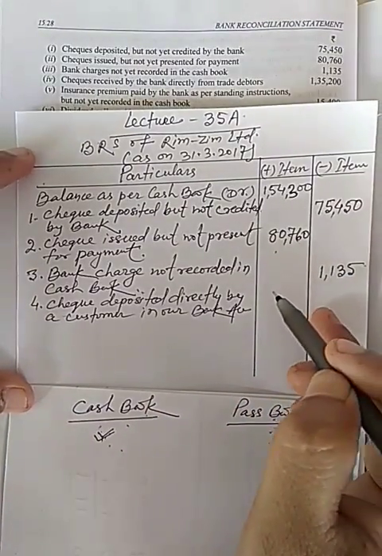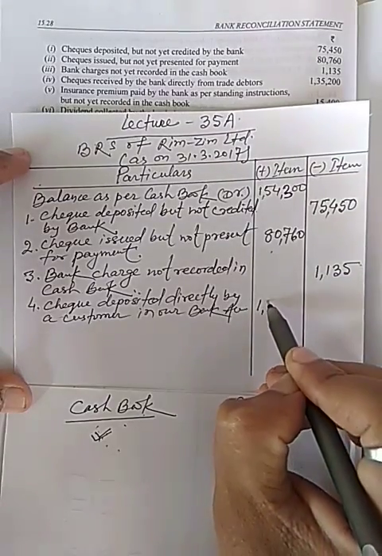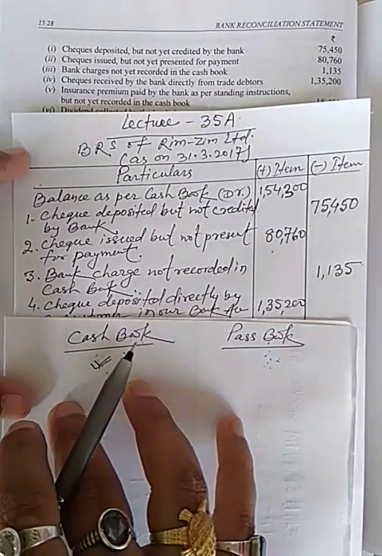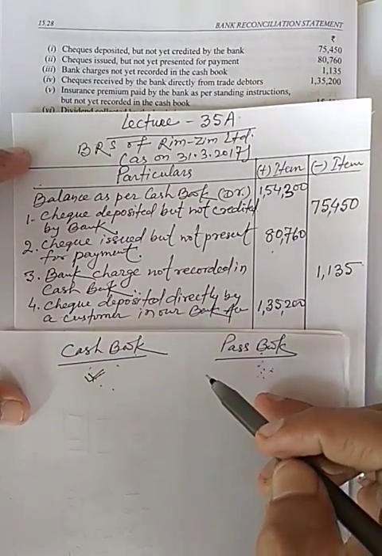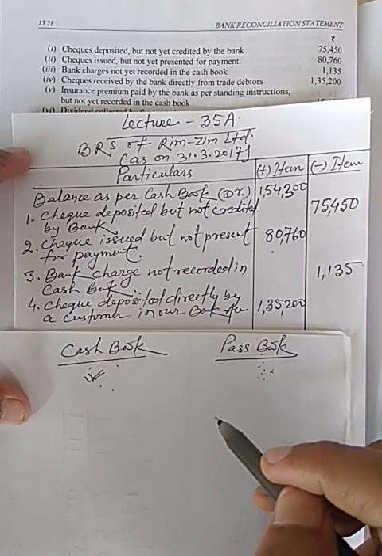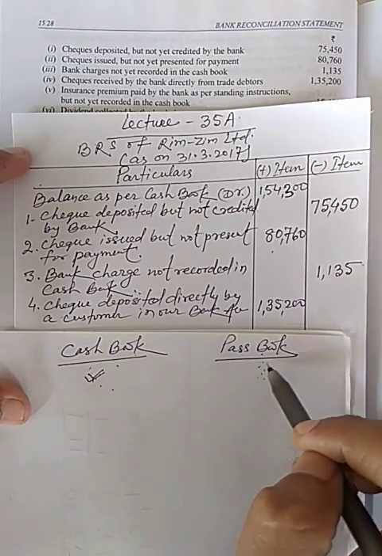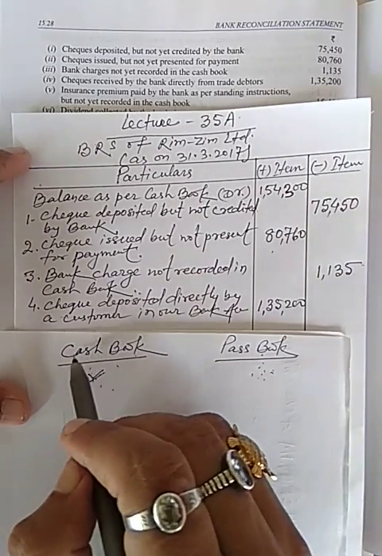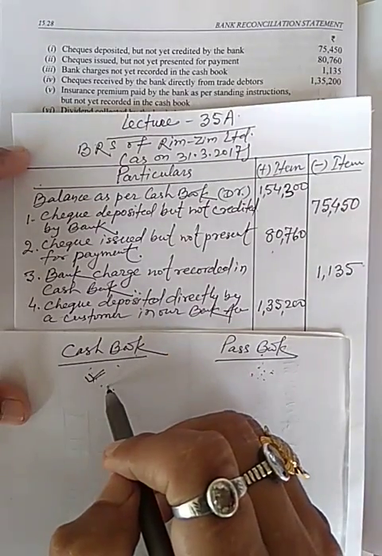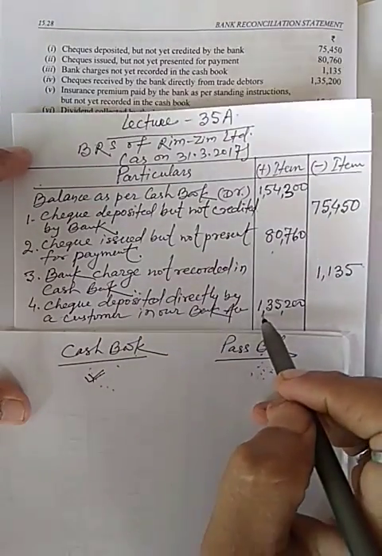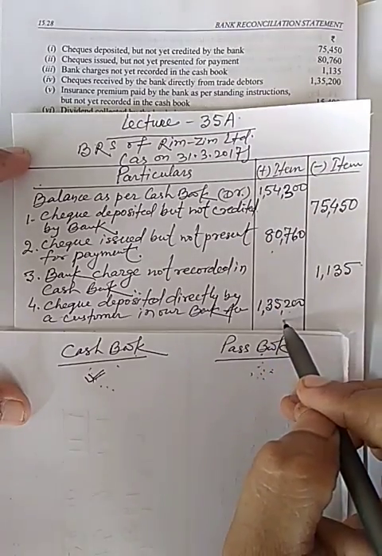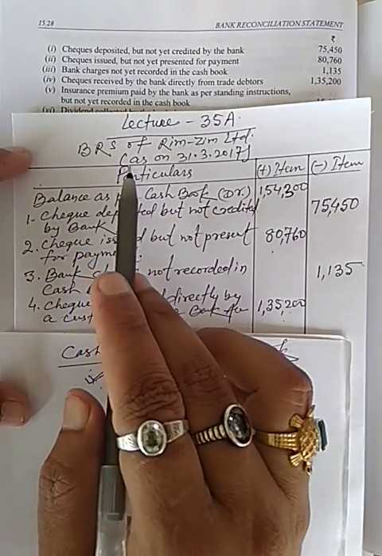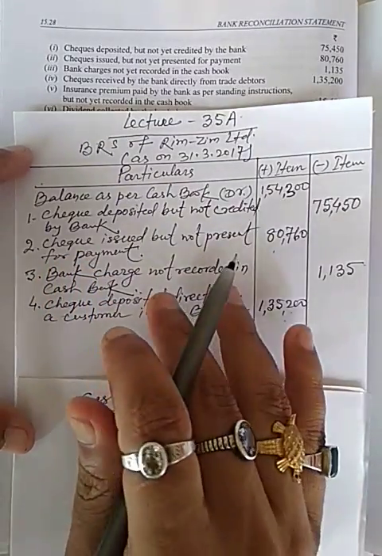So it will be in plus item, 1,35,200, because when any customer directly deposits in our bank account, our passbook will increase. So we also have to increase in cash book, therefore it will shift in plus item when we prepare BRS, it means bank reconciliation statement.